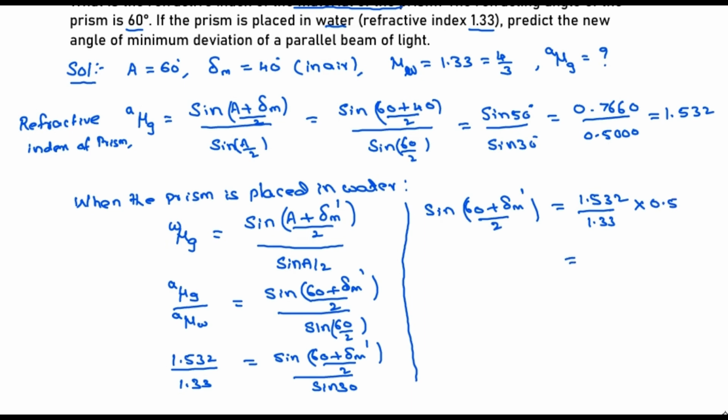So after simplification, we will get 0.5759. This is sine of (60 plus delta m dash) by 2.